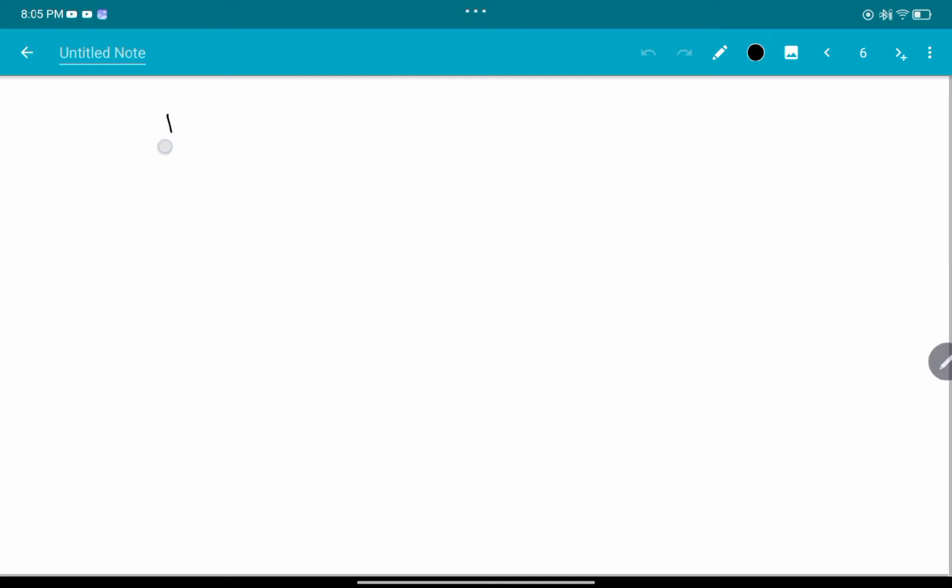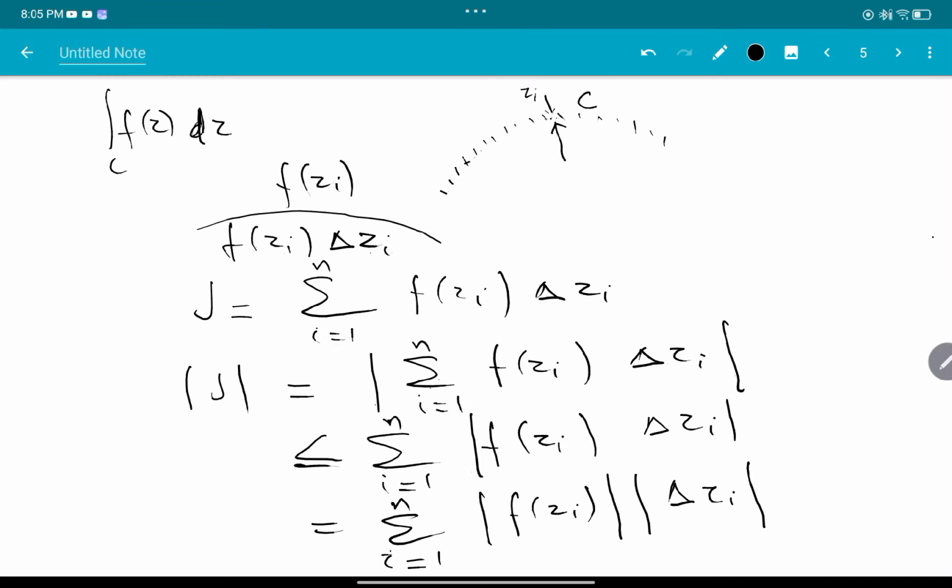J is less than this quantity. Let this be, say, 15. J is less than 15, but 15 is equal to this. 15 is equal to 14 plus 1, for example. So J is less than this.